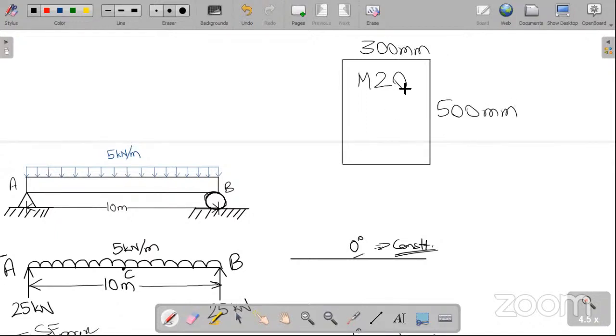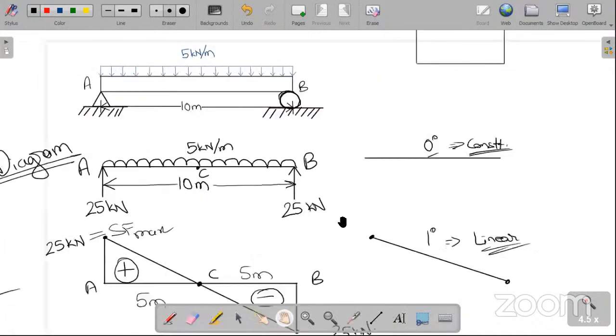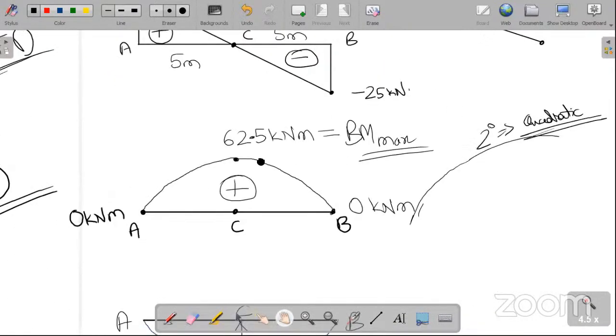And the material is M20. So let's see how we can use this formula. We have the section as well as the material. We can just put this into this formula.